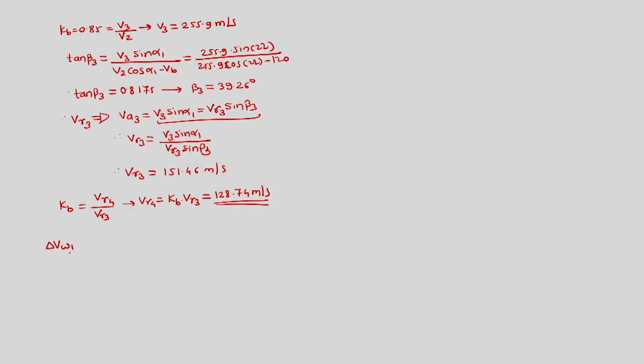Now we will go back and find the tangential and axial forces. For that we will find the change in velocities. So delta VW1, where 1 means stage 1, is equal to VR1 cos beta 1 plus VR2 cos beta 2. We know VR1 cos beta 1 and VR2 cos beta 2, and we get it as 849.44 meters per second.